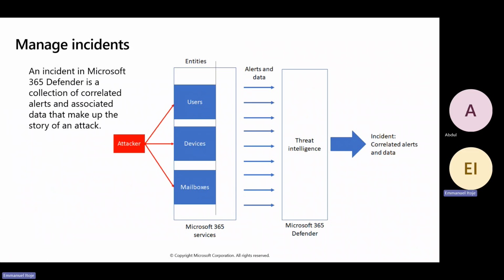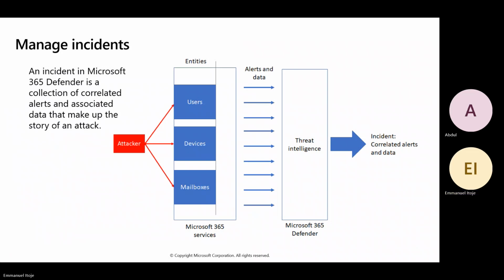Now, managing incidents with the Defender suite, you can actually use it to manage incidents. Before we talk about incidents, the Microsoft Defender portal, which we'll go into by navigating to security.microsoft.com, is a specialized workspace designed to meet the needs of security teams.